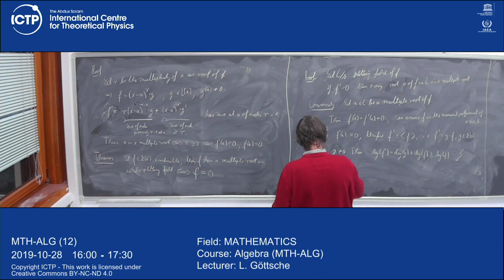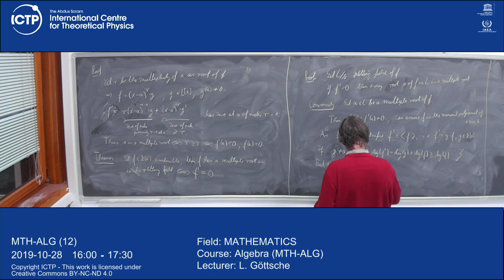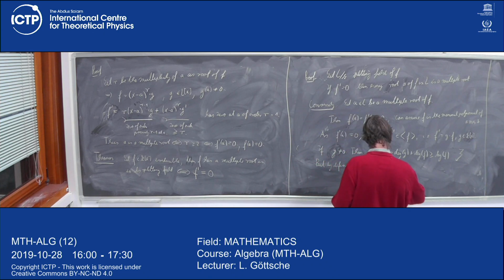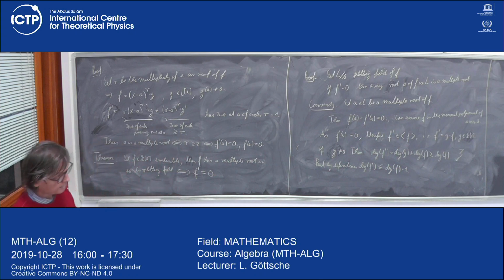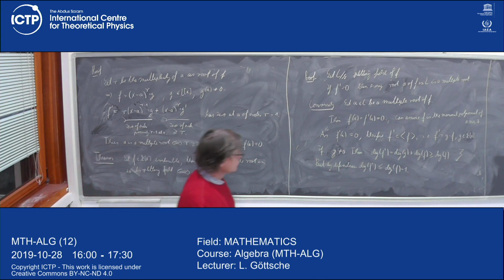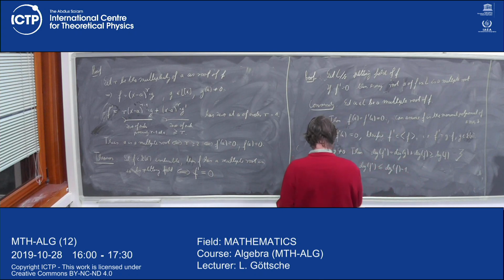By definition, the degree of f prime is smaller or equal to the degree of f minus 1. And so therefore it follows that g is equal to 0, and therefore f prime is equal to 0.